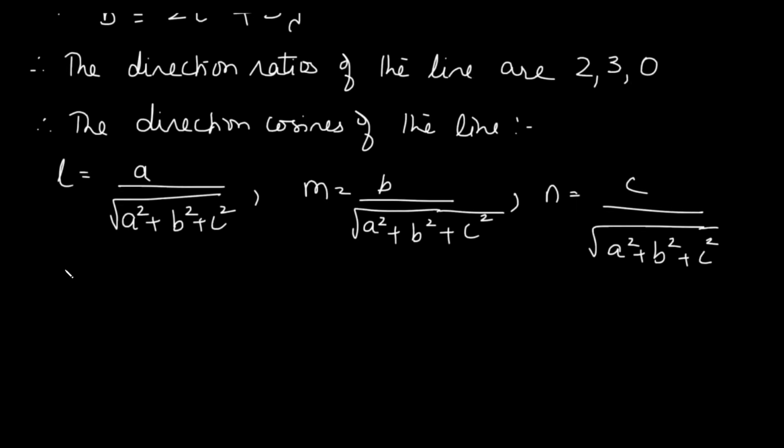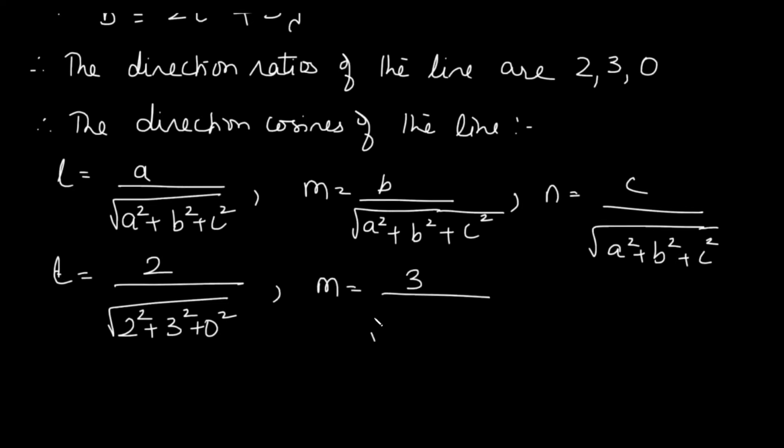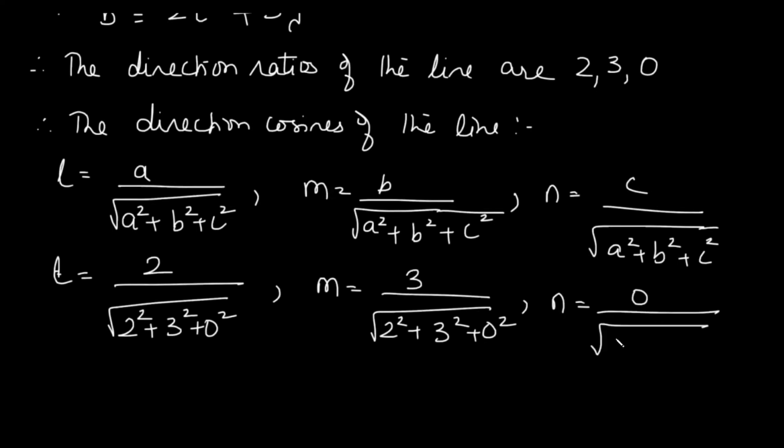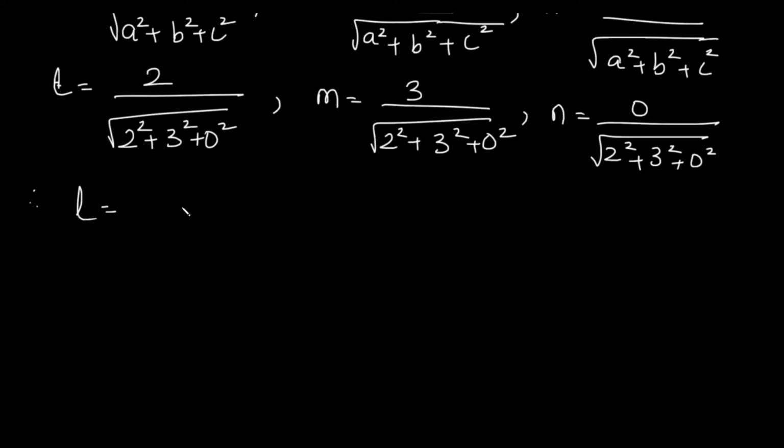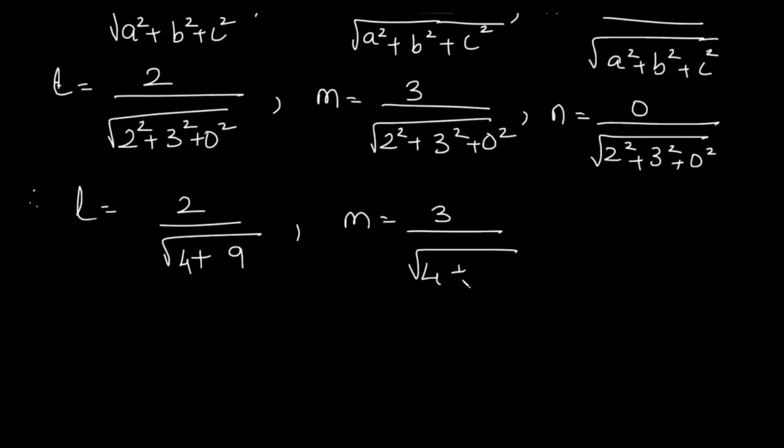So from the direction ratios, we have l is equal to 2 upon root of 2 square plus 3 square plus 0 square, m is equal to 3 upon the same thing, n is equal to 0 upon the same value. So therefore l becomes 2 upon root of 4 plus 9, m is equal to 3 upon root of again the same thing, and n is equal to 0.